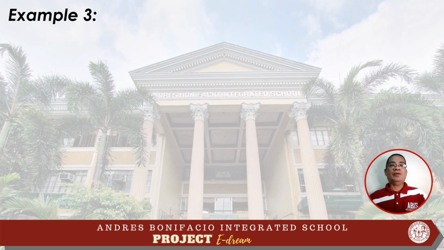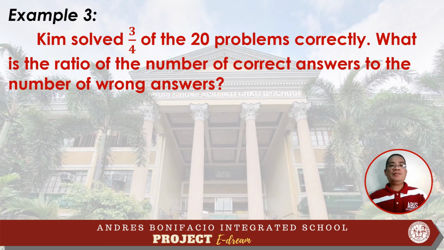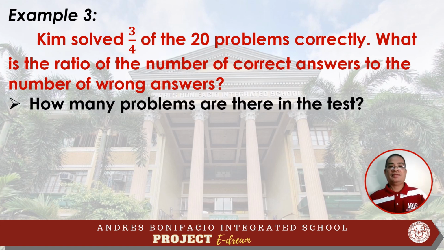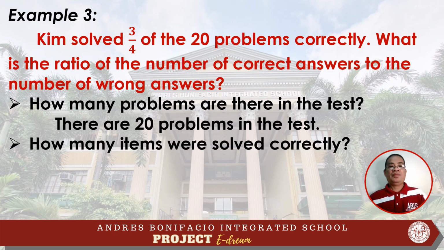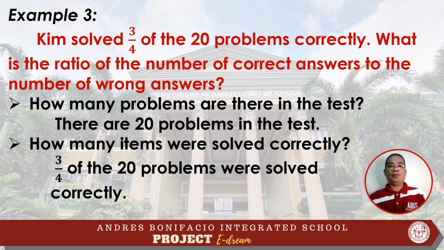Let us solve example number 3. Kim solved 3/4 of the 20 problems correctly. What is the ratio of the number of correct answers to the number of wrong answers? How many problems are there in the test? There are 20 problems in the test. How many items were solved correctly? 3/4 of the 20 problems were solved correctly.